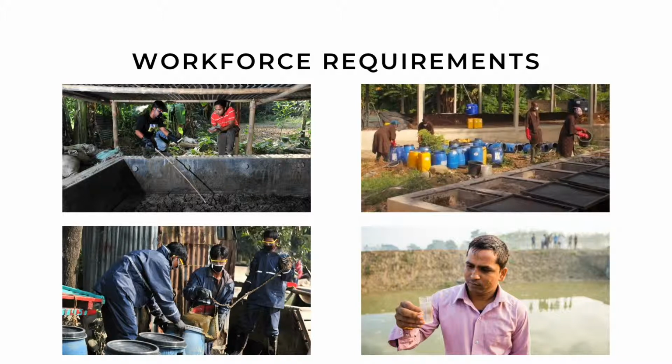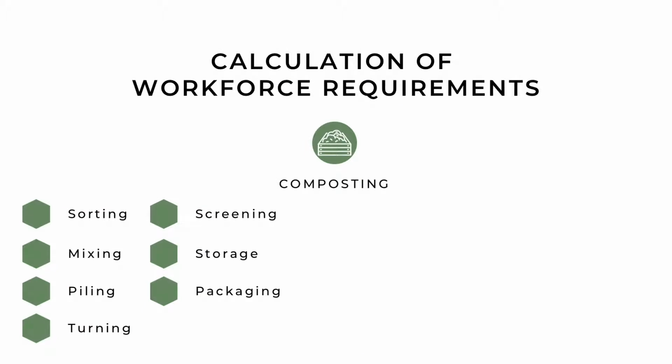For planning the staff requirements, you need to calculate the time that each of the production activities takes. A composting plant, for instance, is extremely labor-intensive. Think about the time it takes to sort the waste manually and to mix it into piles. Add the time required to turn and water the piles, as well as screen and package the final compost.